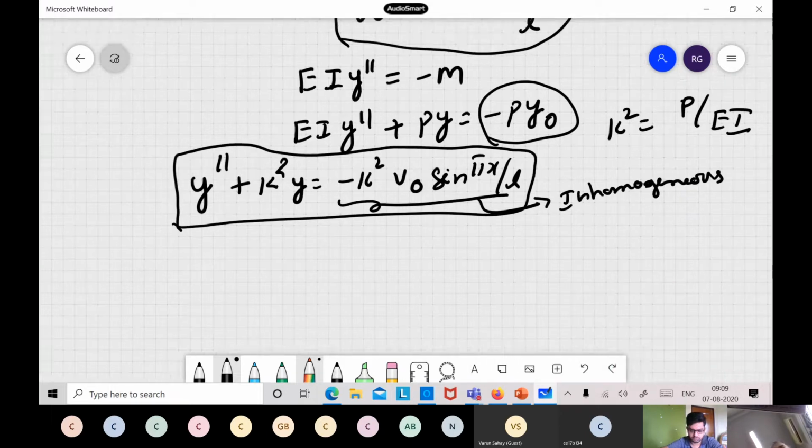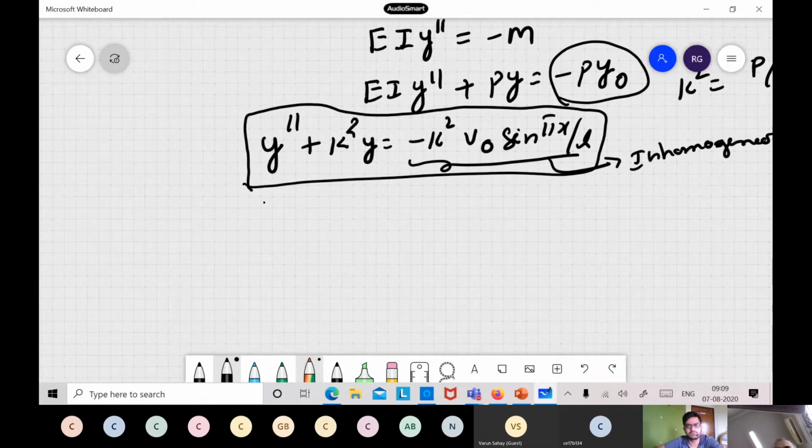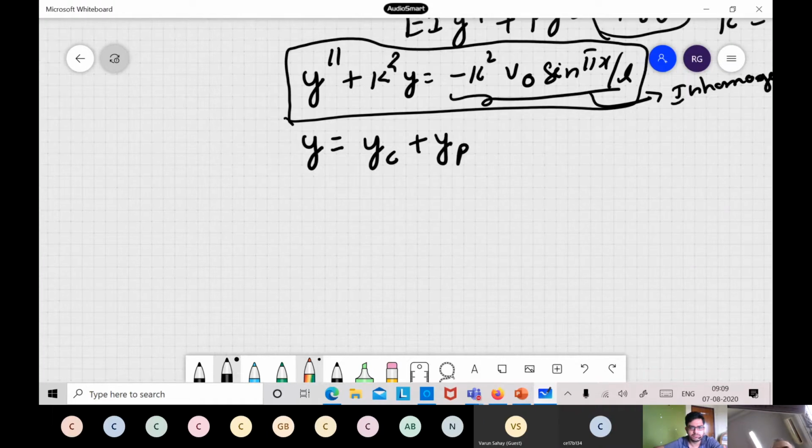If the equation is inhomogeneous, as you would have studied in mathematics, the final solution is written as a complementary function plus a particular integral. For the complementary function, yc is a sine kx plus b cos kx.